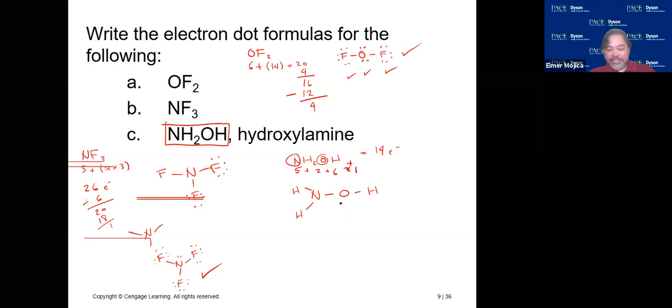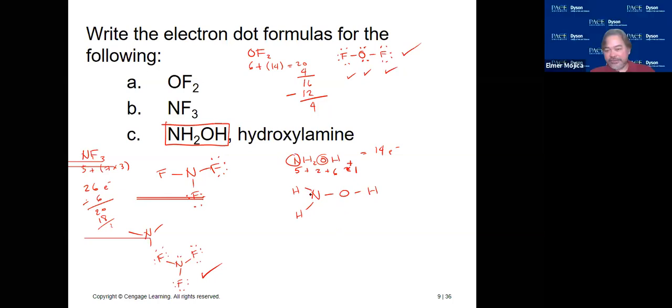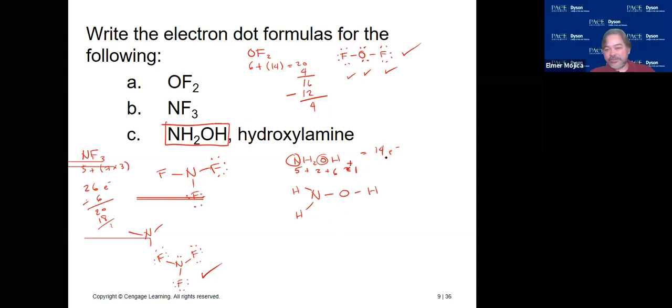So in this case, how many electrons are already utilized? 1, 2, 3, 4. So 4 times 2 will give you 8. Now, as you know, hydrogen only obeys what?